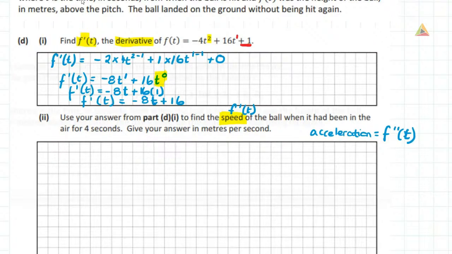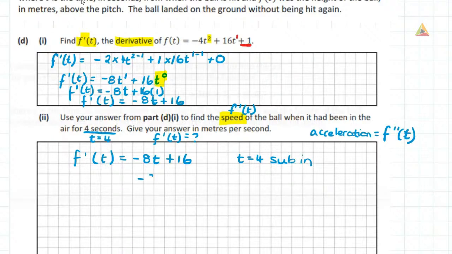So when it had been in the air for 4 seconds, so this is my time t, so t is equal to 4, and we're looking for what is f dashed of t at t equal to 4. So we're just going to take our f dashed of t, which was minus 8t plus 16, and we're going to sub in t equal to 4.